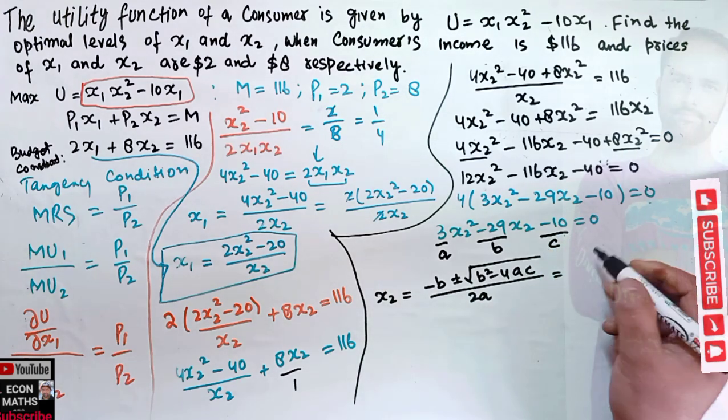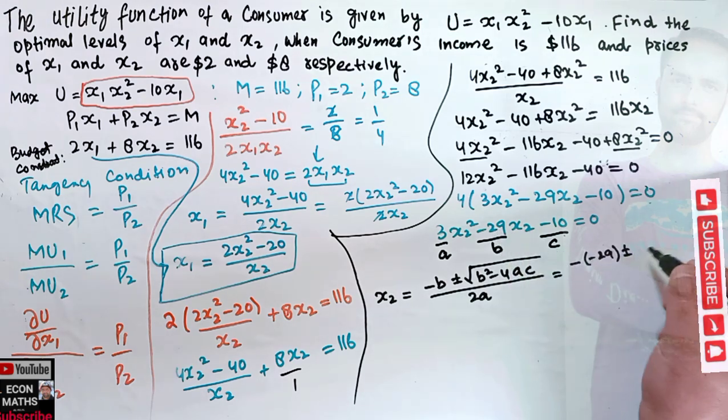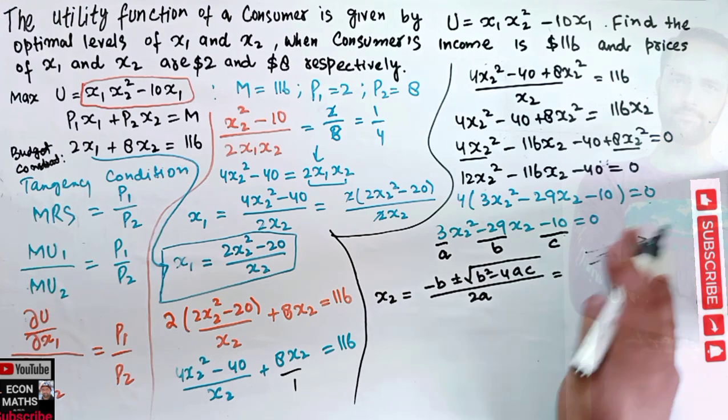So minus the value of b is 29, so we have minus 29 plus minus, so let me write it here.